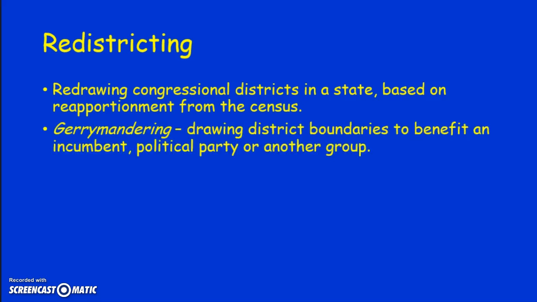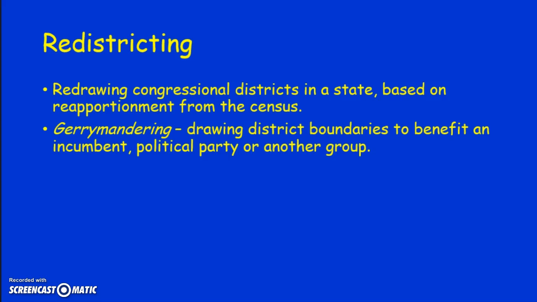Gerrymandering is when the districts are drawn in odd shapes in order to accommodate one party or another, some group, to benefit an incumbent. So it really is just drawing districts for a reason, in an odd shape perhaps, to include members of a group.